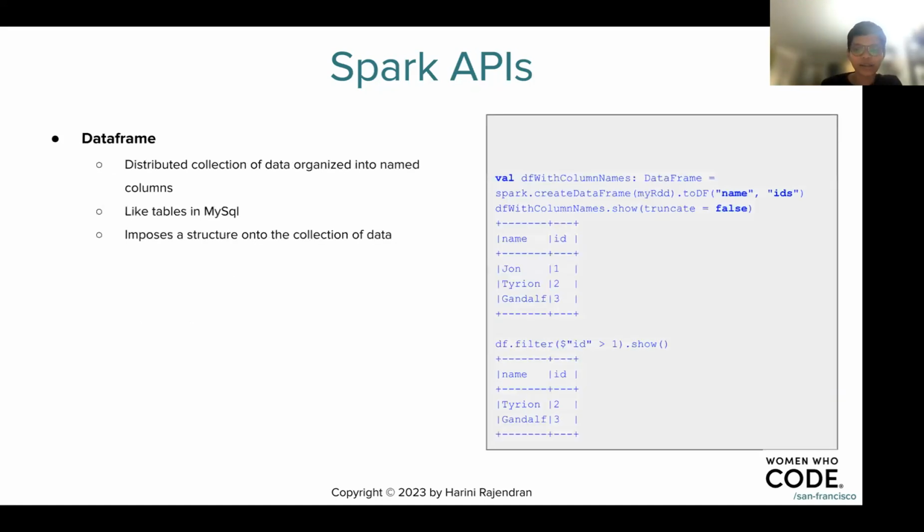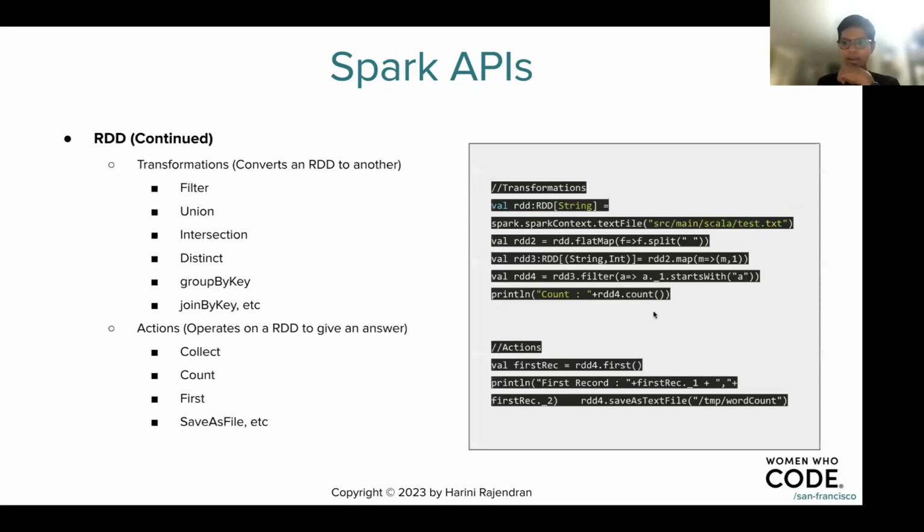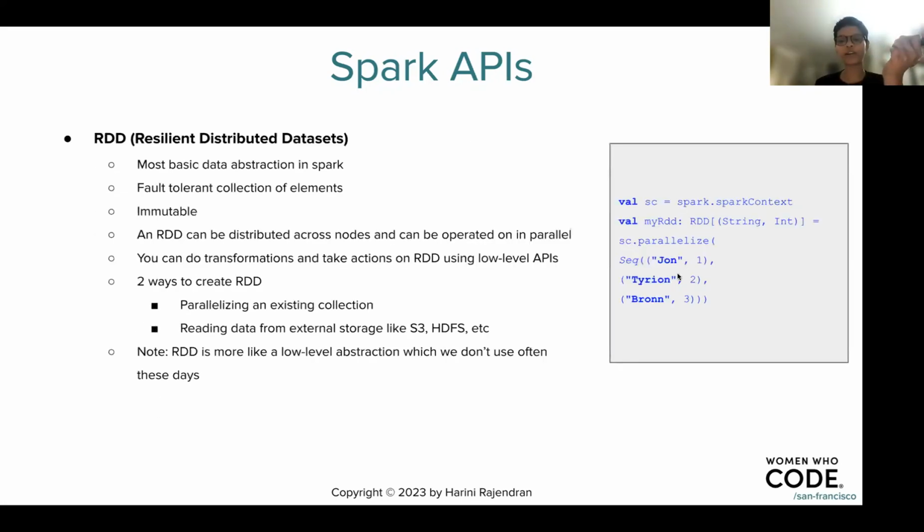The next abstraction is called the data frame abstraction. Here, this is a bit more structured. You can think of it like a MySQL table. It imposes a structure onto the data. For example, in the previous one, in the RDDs, we did not give any column names or anything of that sort. You can just create RDDs without any structure.